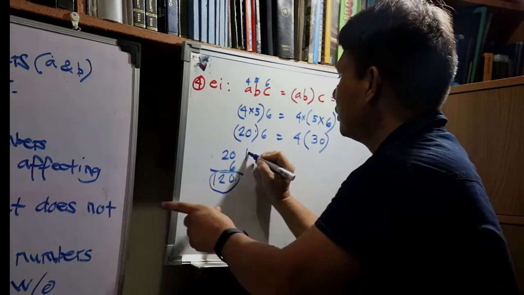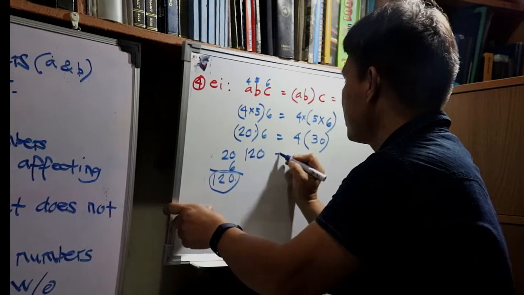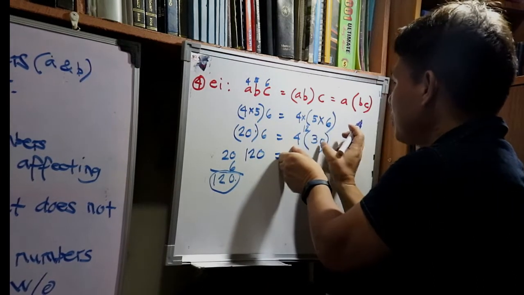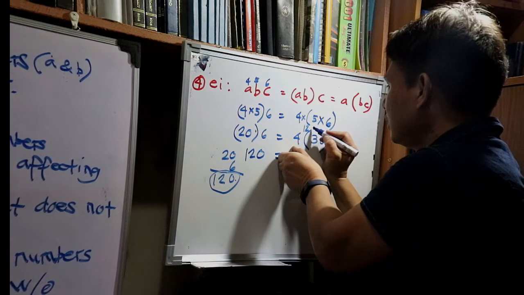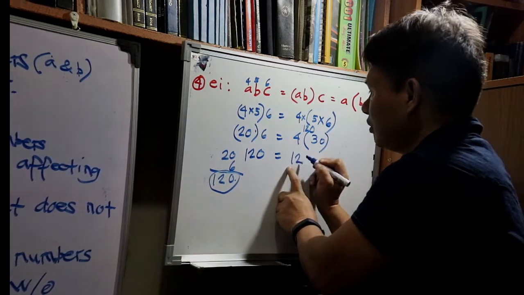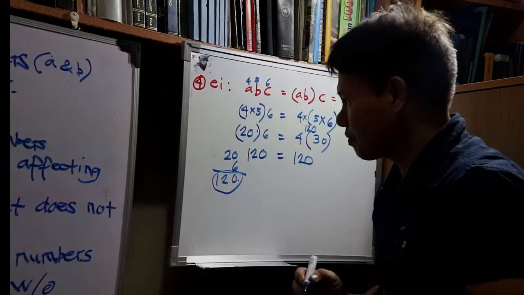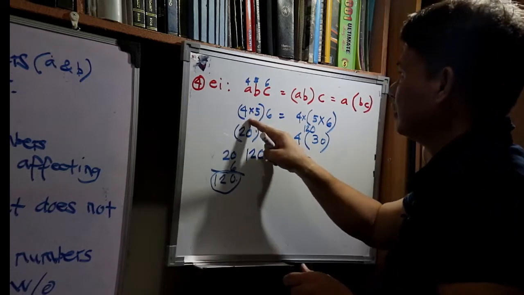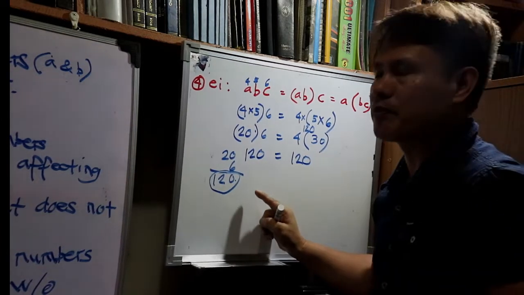Yes? 120. 4 times 30 is 120. You remember this one here. This is the associative property.